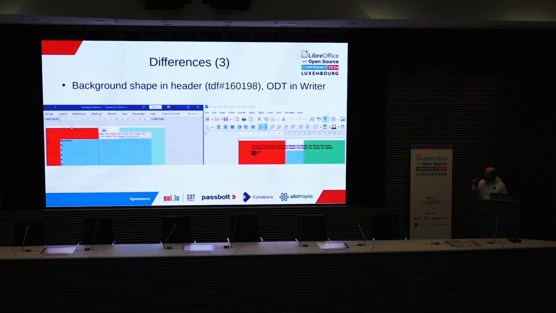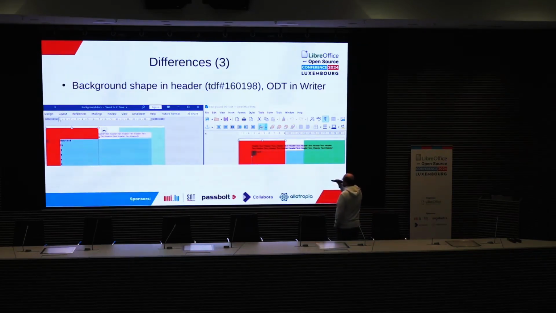But what if we open it in Writer? We see that the ODT in Writer shows a little bit of difference because the red rectangle is in background, unlike in Word.